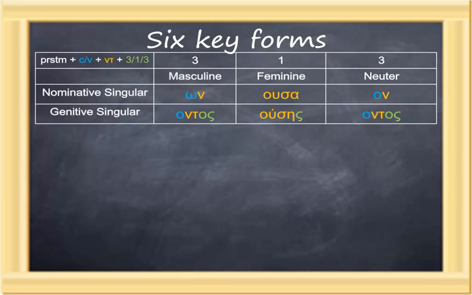A large chart like that is intimidating. But because you already know the 3-1-3 case-ending pattern from 3-1-3 adjectives, all you really need to memorize are the participial endings for the nominative and genitive singular: on, ousa, on, ontos, ousēs, ontos. If those are clear in your mind, then when you see them or related forms on a verb, you'll be able to parse them.